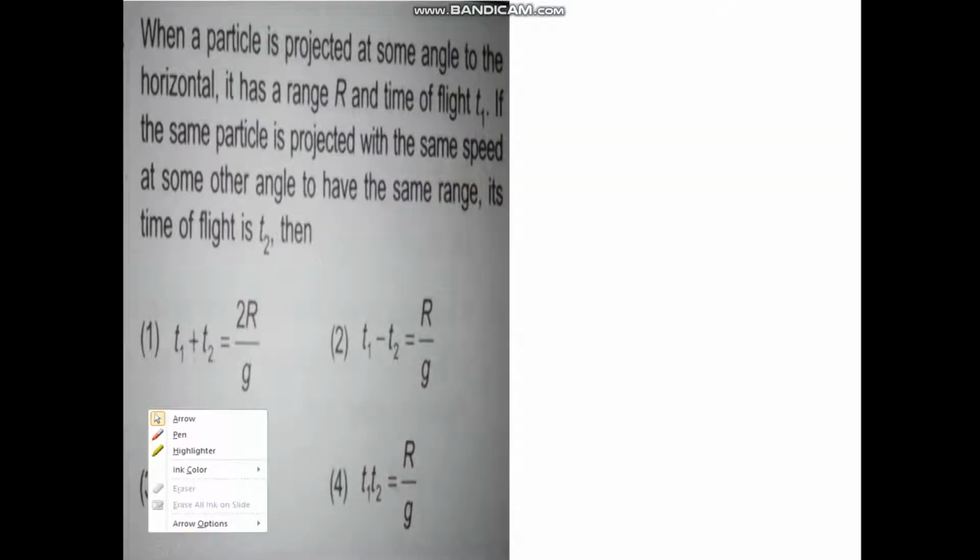This is another numerical. For this numerical I would have given a direct formula in the first part of projectile motion. What is the question? When a particle is projected at some angle with the horizontal, it has a range r and time of flight t1.